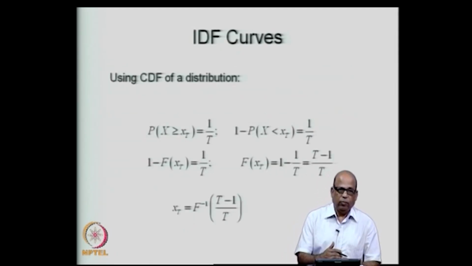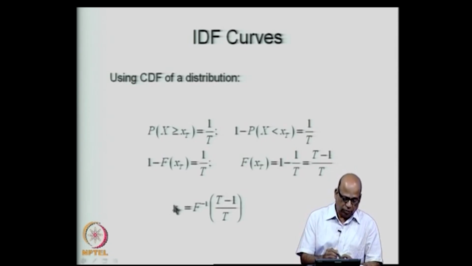So, in the end what did we obtain? We obtained this as the intensity of the rainfall associated with a specified return period for a given duration. Where did the duration come from? Because we are talking about this analysis for a given duration, and similarly for the next duration you recompute this x t and so on. So, for various durations you compute x t for various return periods.